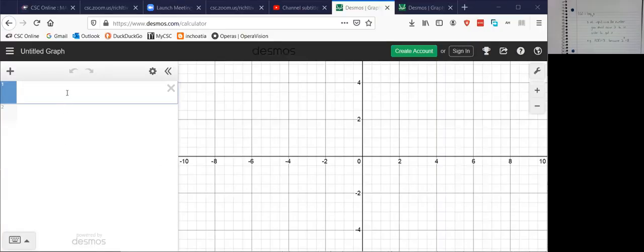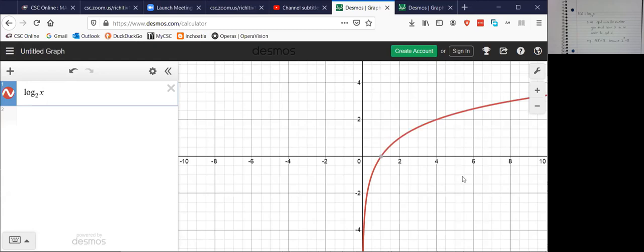If we're given a new function, we are probably interested to know what its graph looks like. Let's go to Desmos.com and let's start graphing logarithms, and let's see if we can find any pattern. So here is the logarithm base 2.